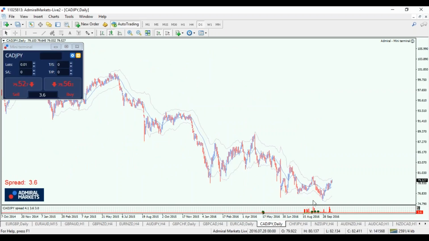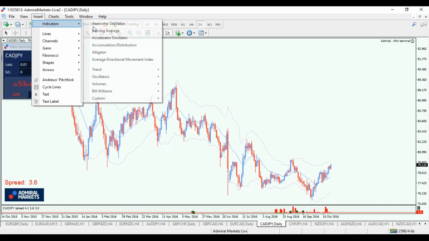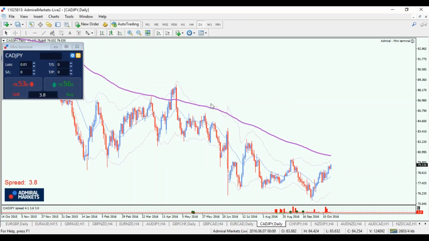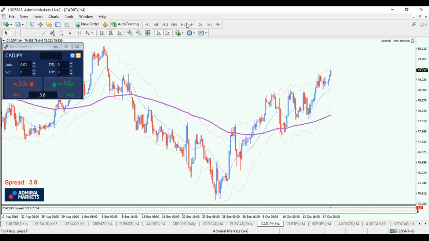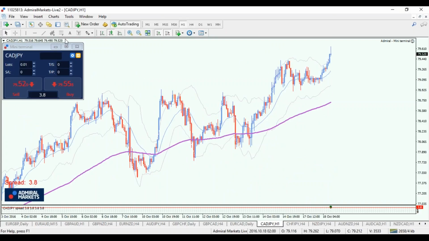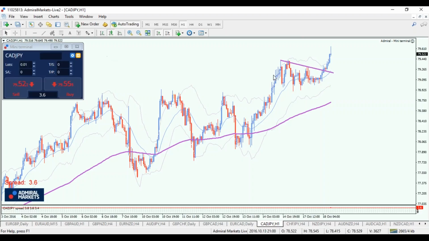There's divergence between these bottoms. That's good for reversal potential. There was a recent triangle here, a 1 hour triangle.